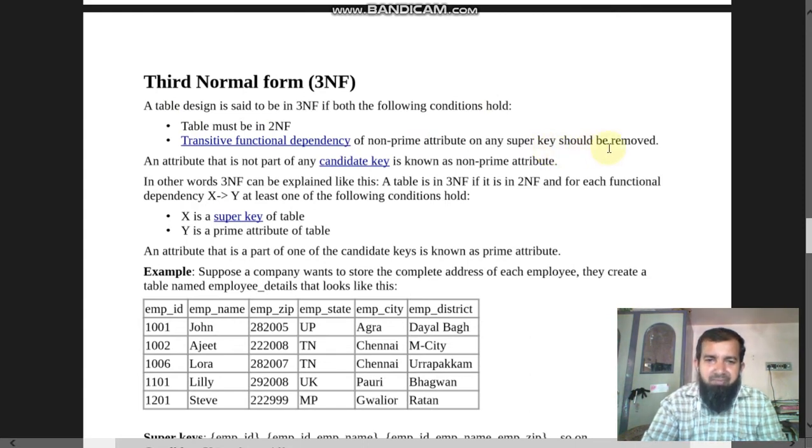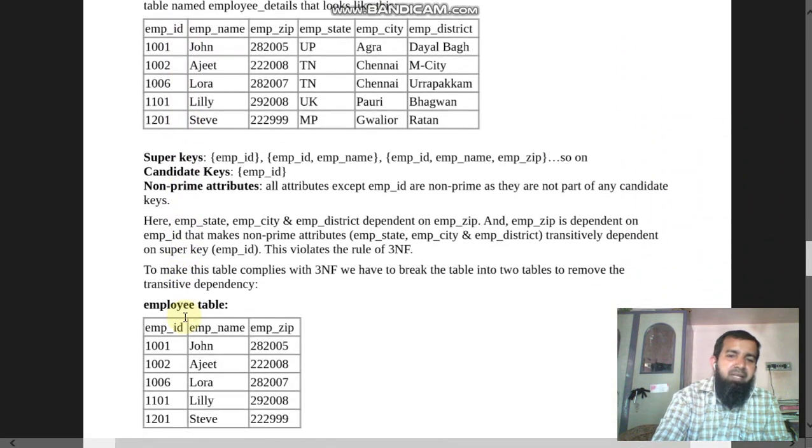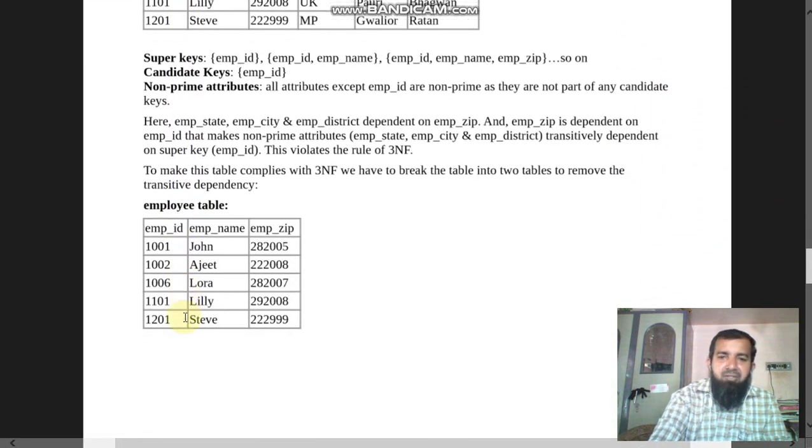Here state, city, and district depend on employee zip, and employee zip depends on employee ID, so it violates third normal form and such a condition should be removed.